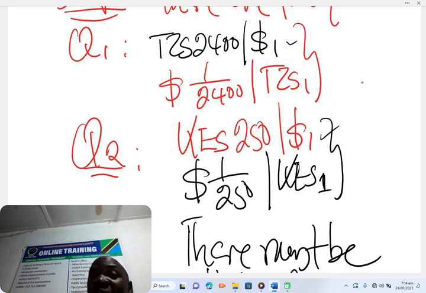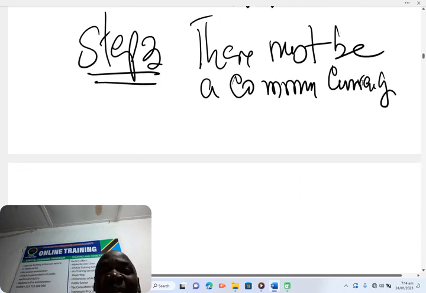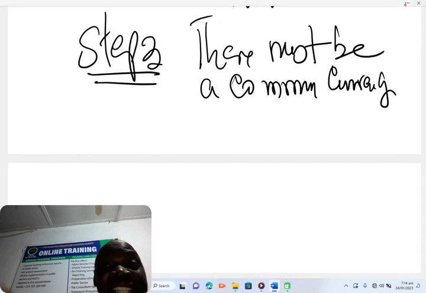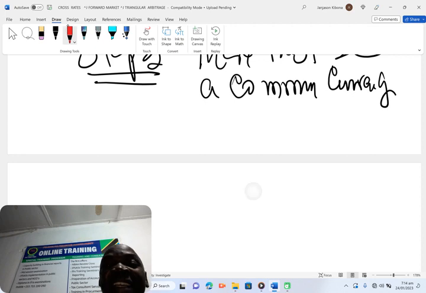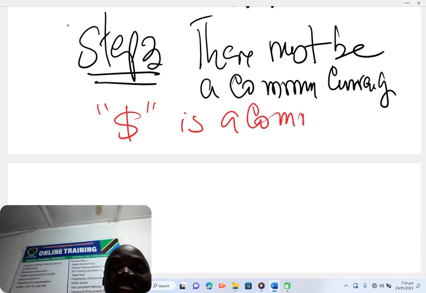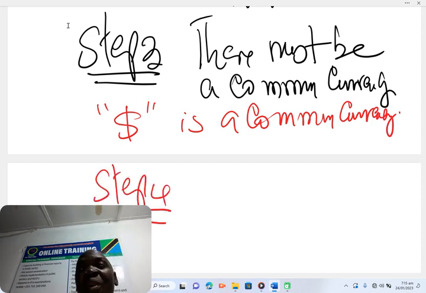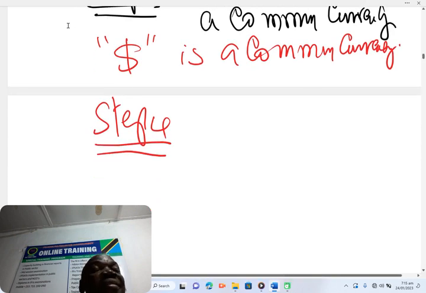Am I clear? So, step number 3, you say the dollar is a common currency. Now, what is step 4? Tell me, what happened in step 4? Tell me. Can't you read there?